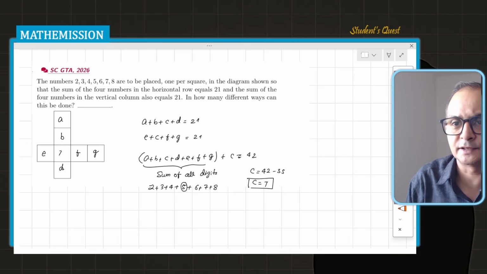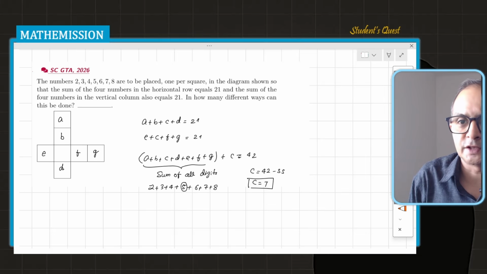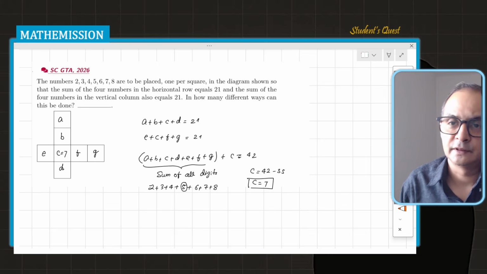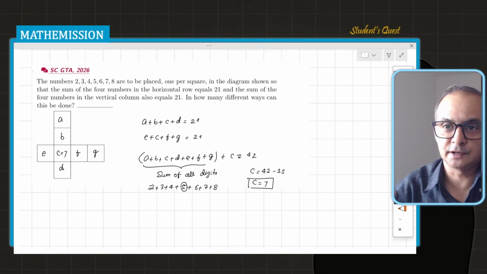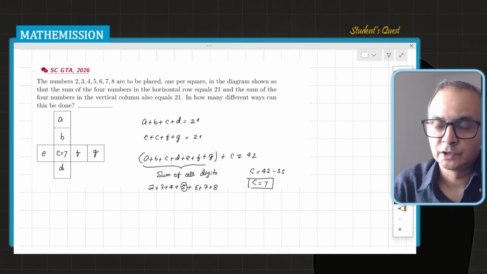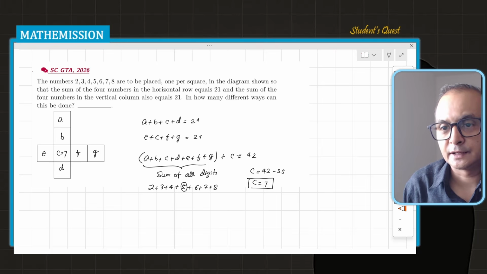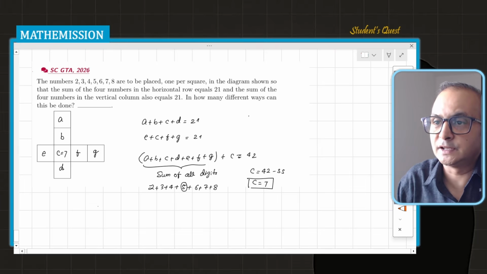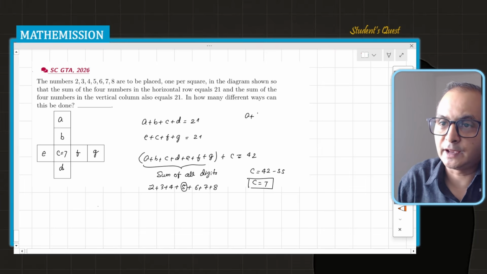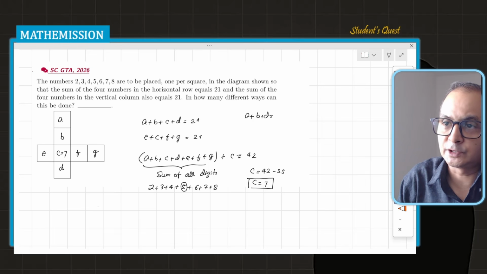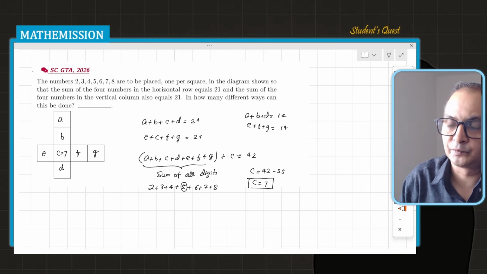So C is going to be 7. This is fixed. Without 7, the sum is not achieved as 21. So now we have to identify A plus B plus D. Already 7, so A plus B plus D is going to be 14, and again E plus F plus G is going to be 14.